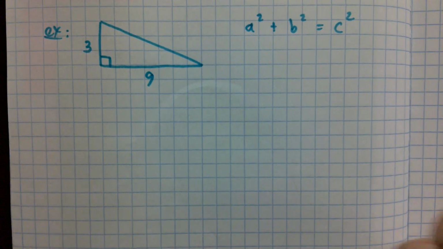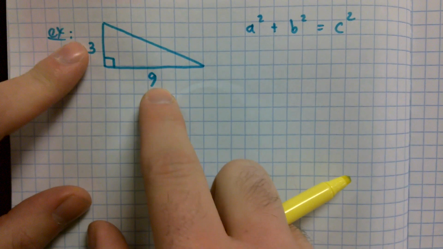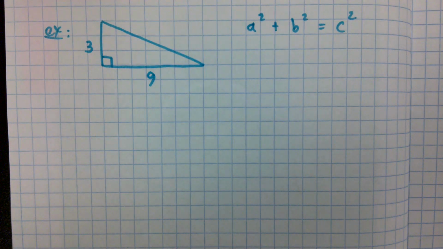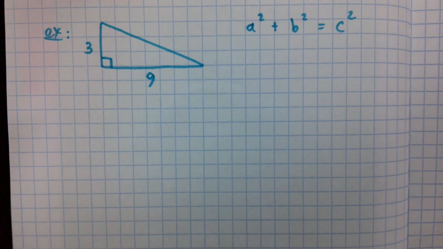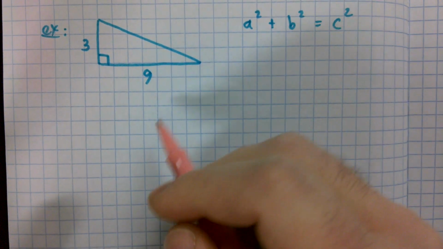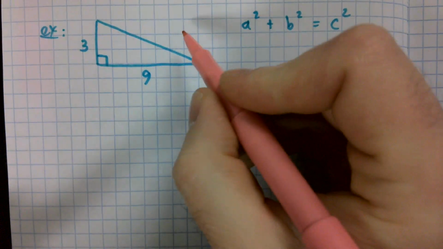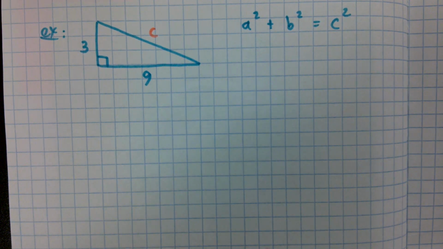In reality, it doesn't matter which one's A or B. How do you know that these are both the legs and neither one is the hypotenuse, though? Yes, that's true in our equation, but how do we know that this side here is C? Yeah, what tells us, Karina?